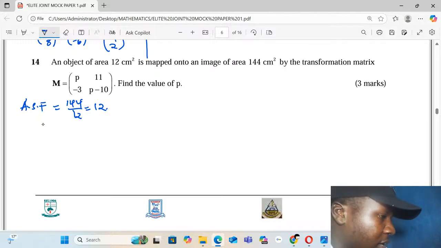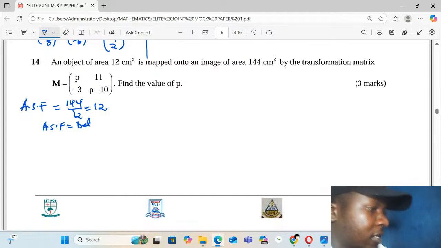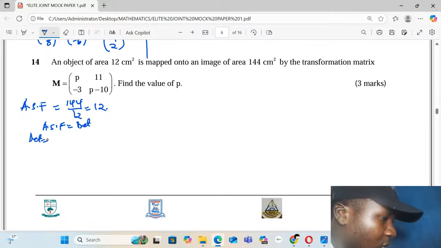Now, area scale factor will be equal to the determinant. So our determinant now automatically becomes 12.